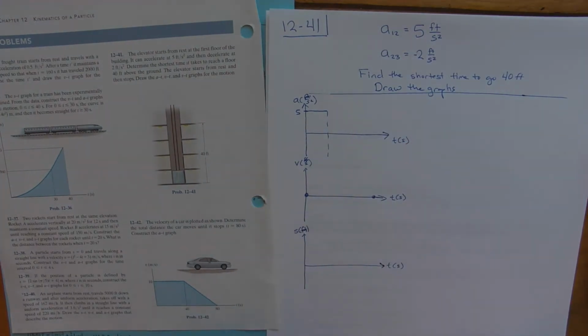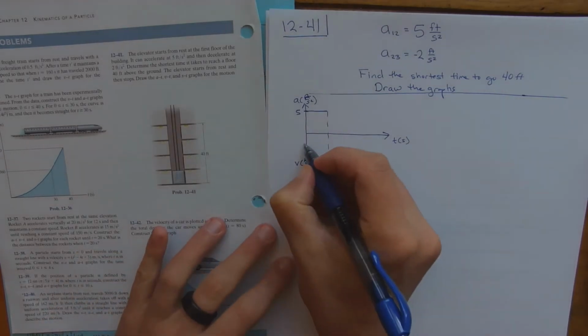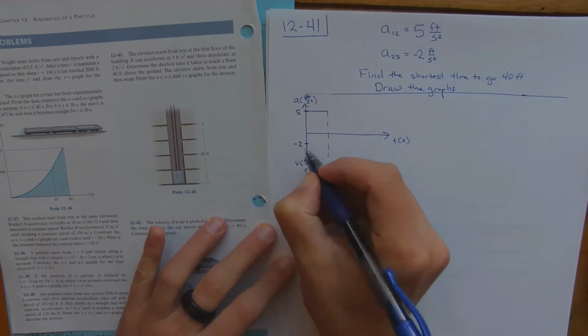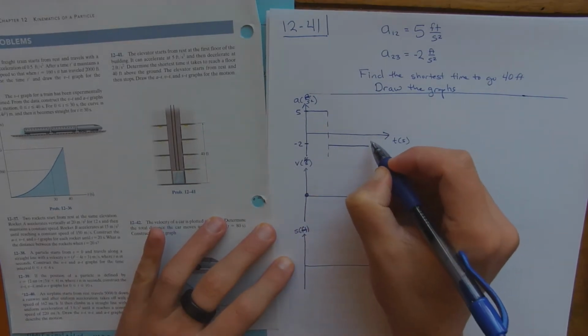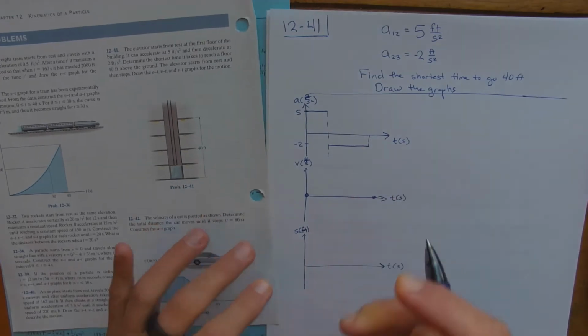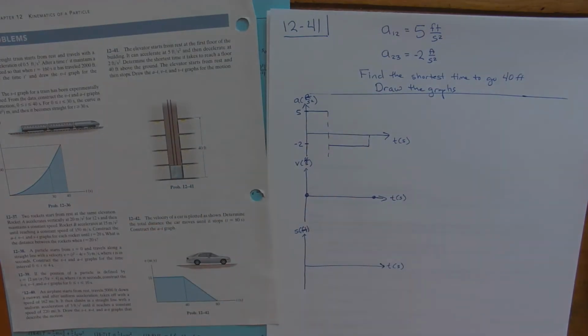So we're never going to travel at a constant velocity if our goal is to get there as fast as possible. So then we're at -2, and then at some time we reach 40 feet above the ground and we should be at rest then.